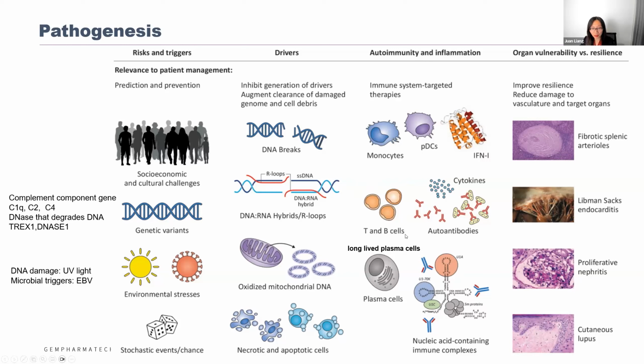B cells are driven to produce abundant autoantibodies through interaction with T cells and also the cytokines released by DC cells. The long-lived plasma cells have been considered to be the main source for the generation of autoantibodies.